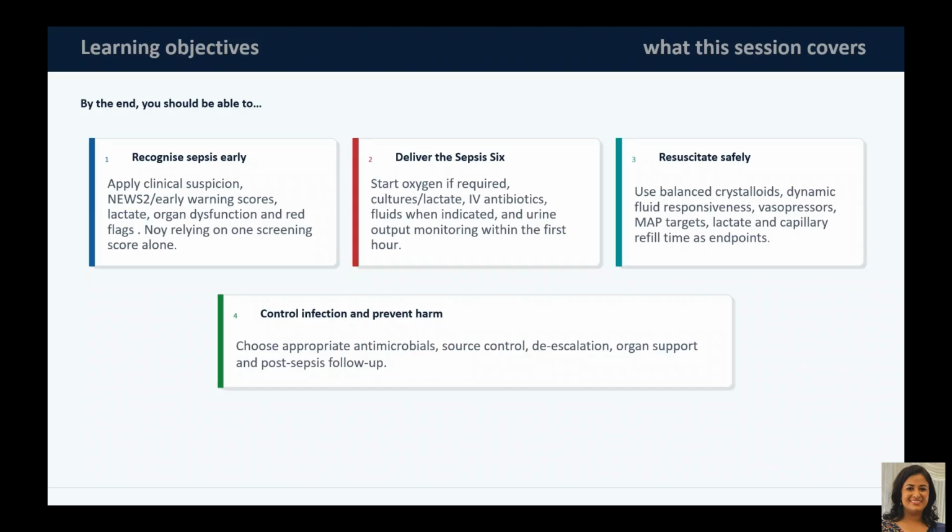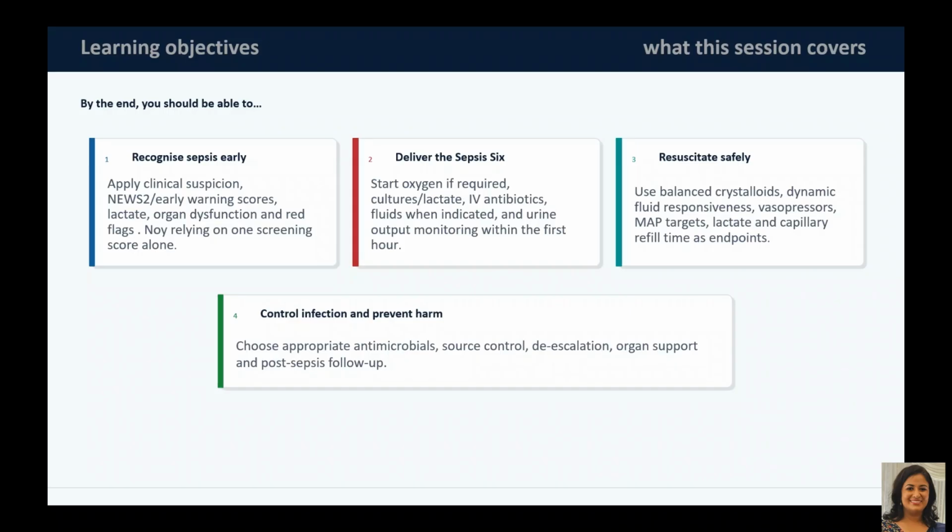There are national early warning scores, and then we have modified early warning scores, and also how to use the blood investigations like lactate and renal and liver functions in identification of sepsis, and also not relying on the screening score alone, but looking at the patient as a whole picture when we are dealing with the septic patient, and also deliver the Sepsis 6, which is similar to our one bundle in earlier managements, and also how to escalate the patient after initial resuscitation.